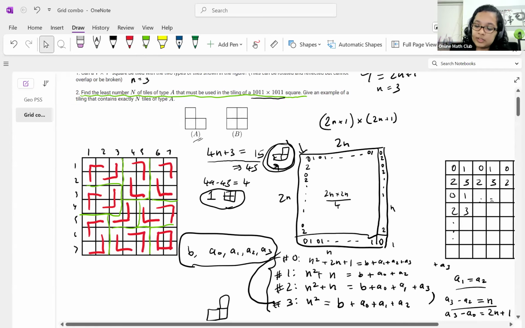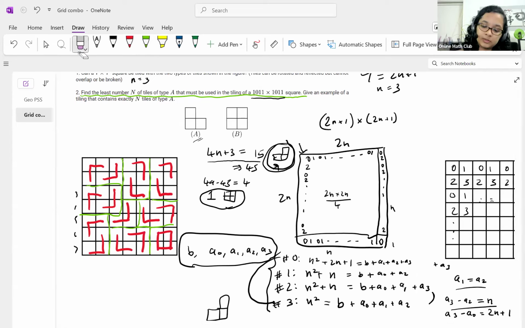So now we want to try to extend this to a general 2n plus 1 by 2n plus 1. Right now we've used exactly 4n plus 3. So now we want to go from 4n plus 3 to 4 times (n plus 1) plus 3.